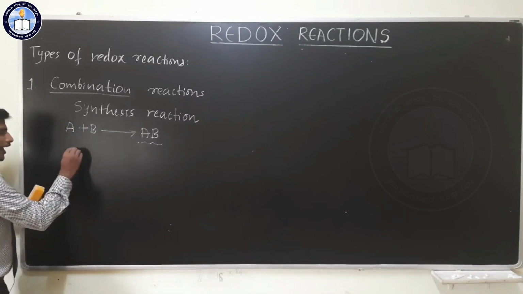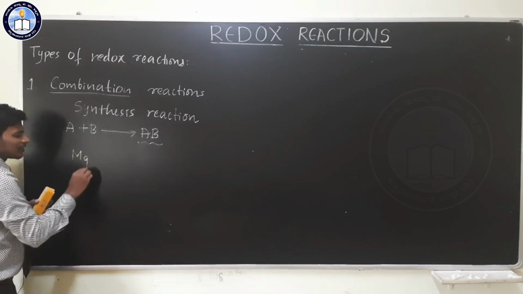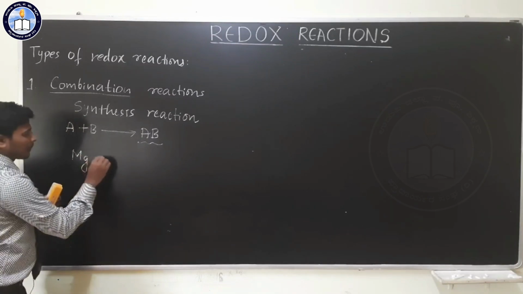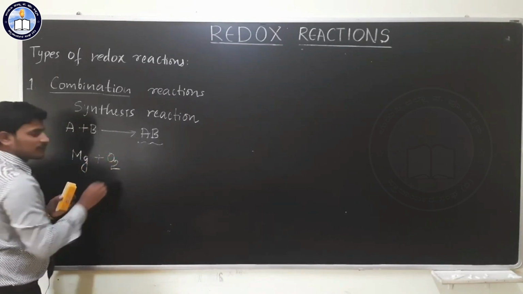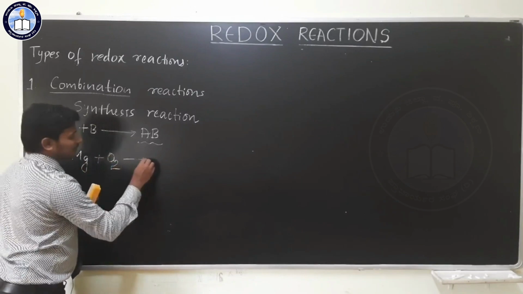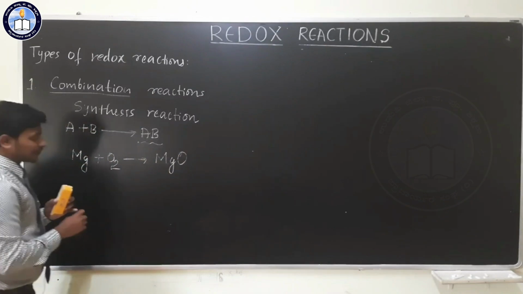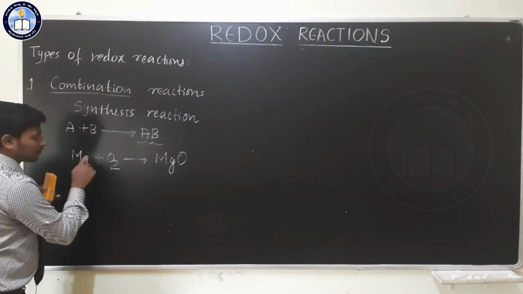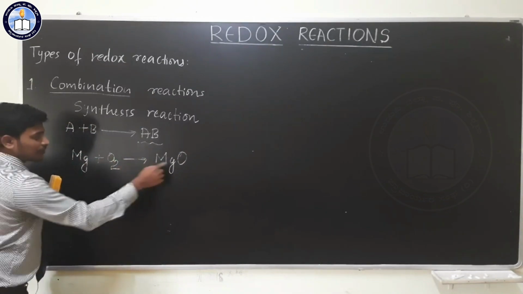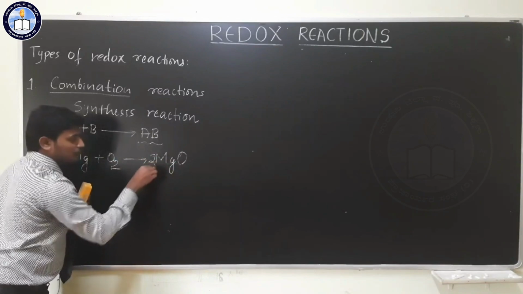See here, Mg reacts with O2 and gives rise to MgO. Is it balanced? No. MgO 2 times, but here only 1 time, so I have to write here 2.